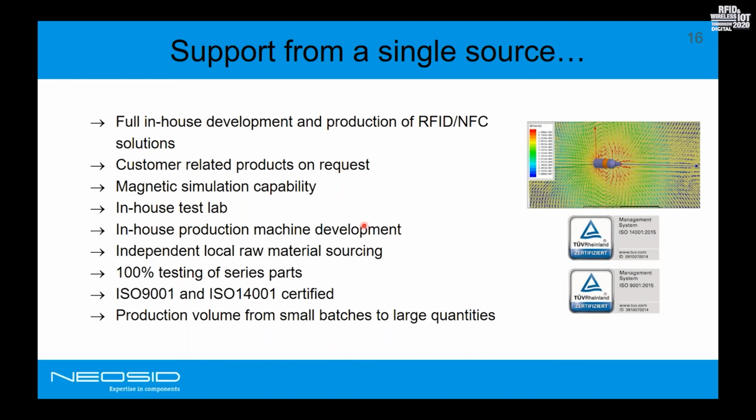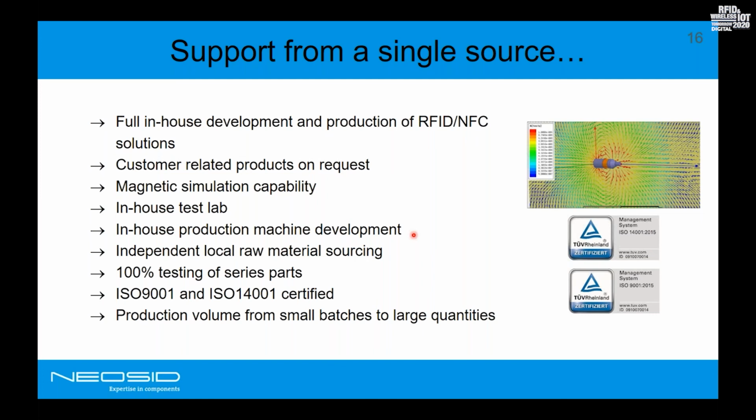And one advantage is also that we have local raw material sourcing in the European area. We do 100% testing of all series-produced parts, and we have an ISO 9001 and ISO 14001 certified production and development.